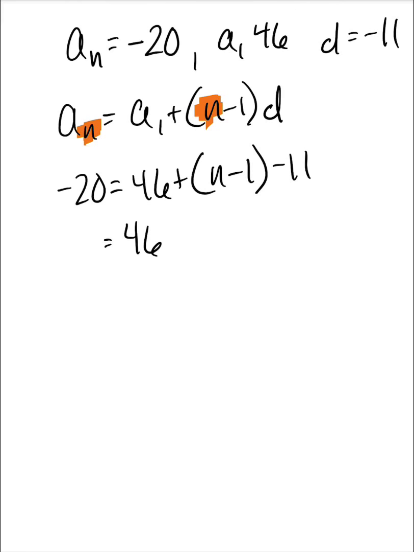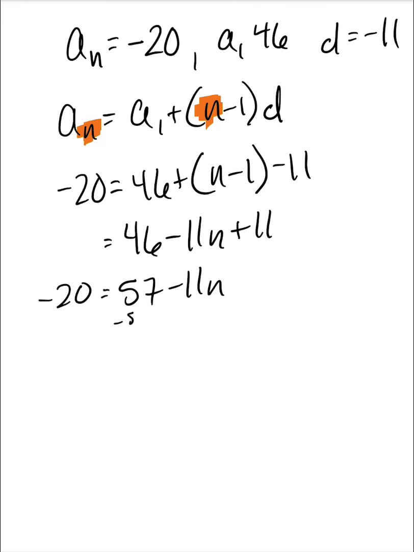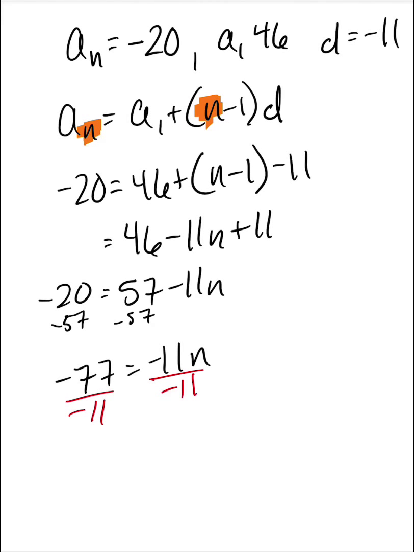So that's 46 minus 11n plus 11, which gives me 57 minus 11n. Minus 57 is going to give me negative 77. All right, so now I divide by negative 11, and that will leave me with a positive 7.